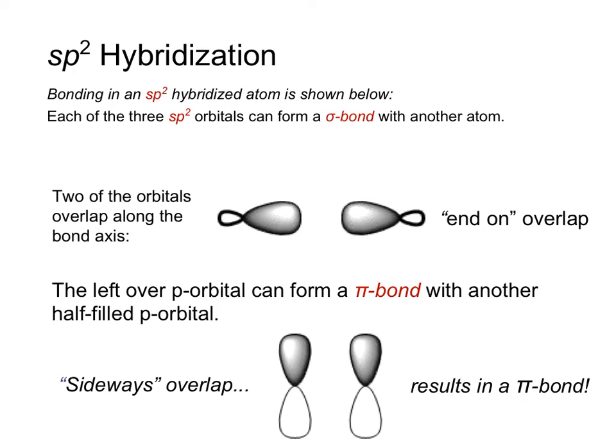Now recall that when we form an sp2 hybrid orbital, we're only using 2 of the p orbitals. Our leftover p orbital that we have not used is also capable now of forming a pi bond with another atom that may have a half-filled p orbital.